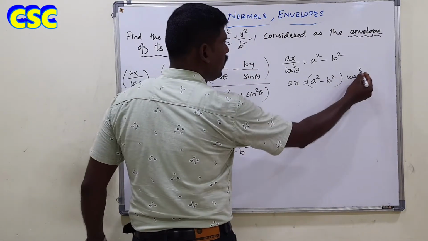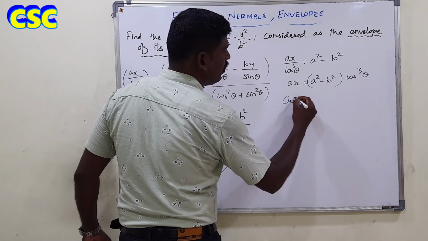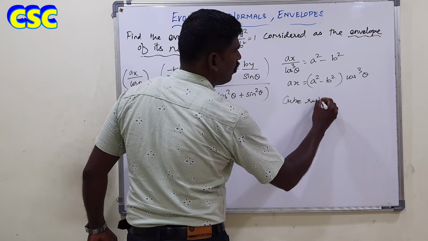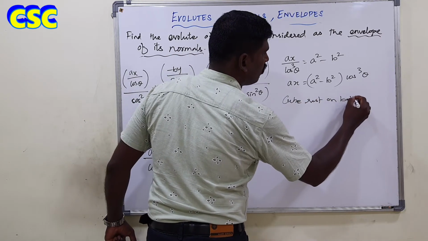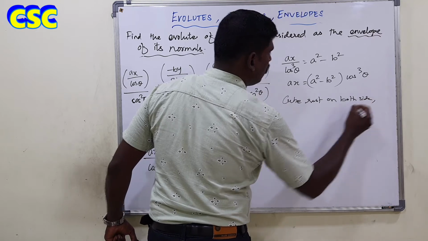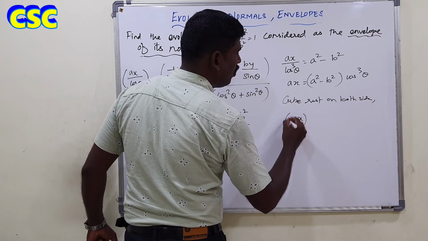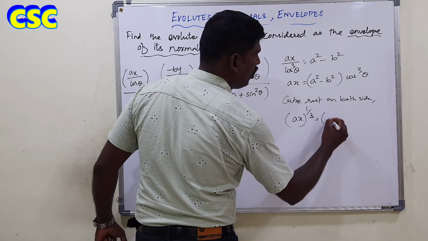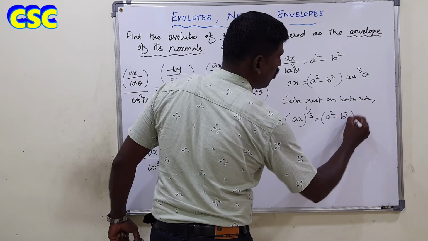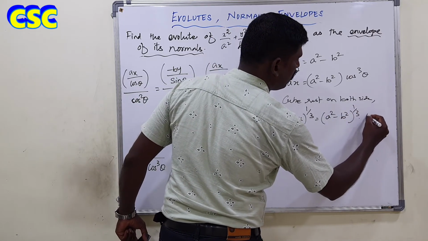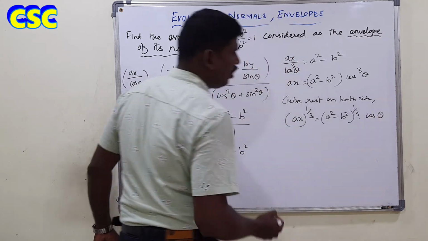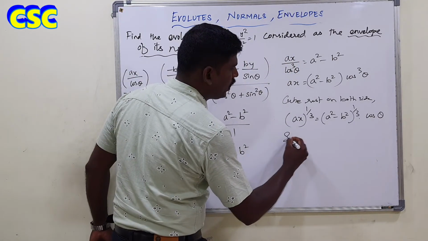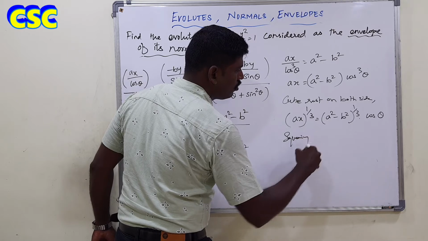Now I am taking the cube root on both sides. So ax power 1 by 3 is equal to a square minus b square to the power 1 by 3 into cos theta. Now I am squaring on both sides.